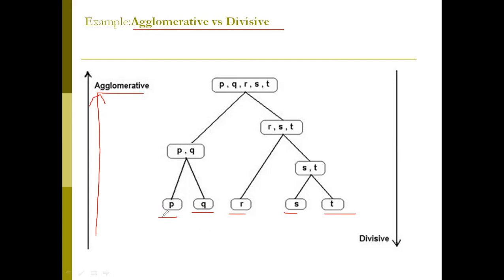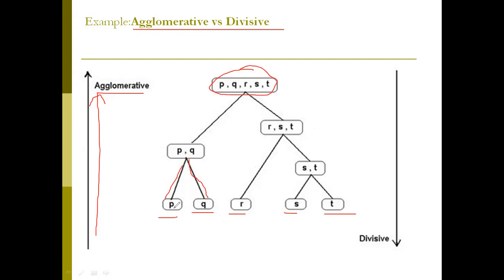P data point is one cluster, Q data point is another cluster, R, S, T. These are all individual clusters with a single data point, isn't it? So this is the input of agglomerative hierarchical clustering. What is the output of agglomerative clustering? By merging these clusters, we get a single cluster. The single cluster is the outcome of agglomerative hierarchical clustering.